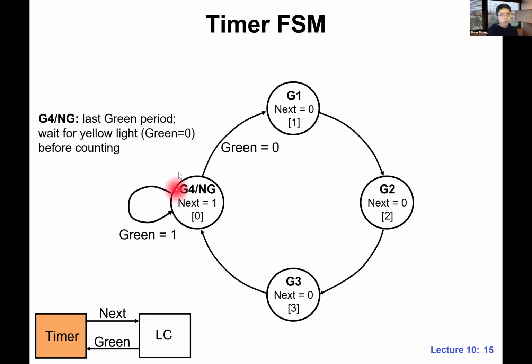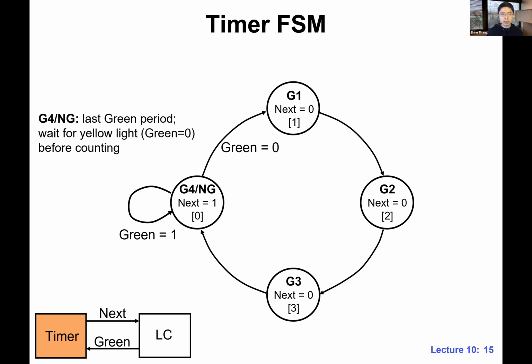But over here, this is the interesting state, where we have something called G4/NG. The meaning is this is the last green period, as indicated by G4, the 4th cycle. And we also spend 1 more cycle here waiting for the yellow light.